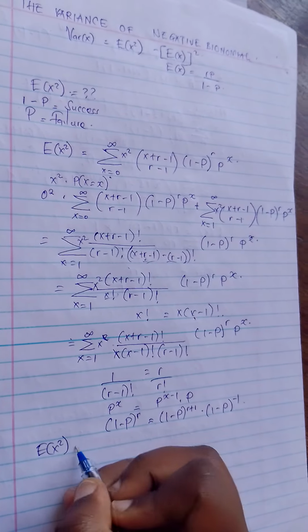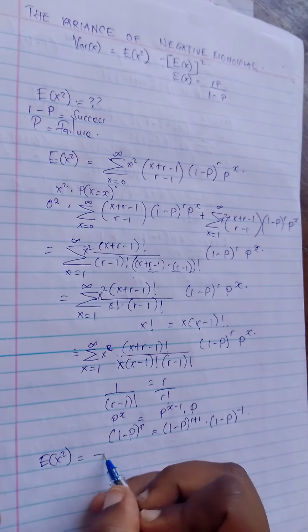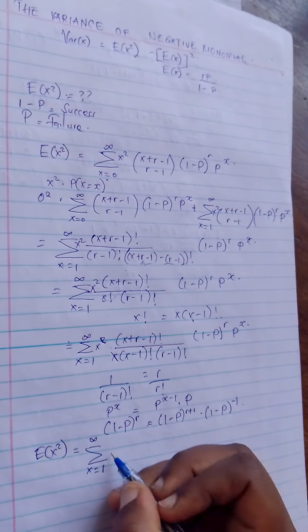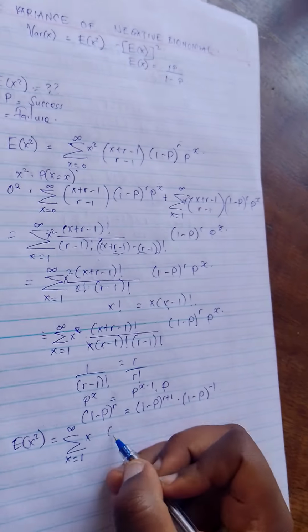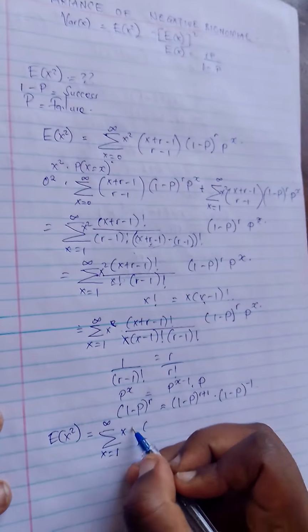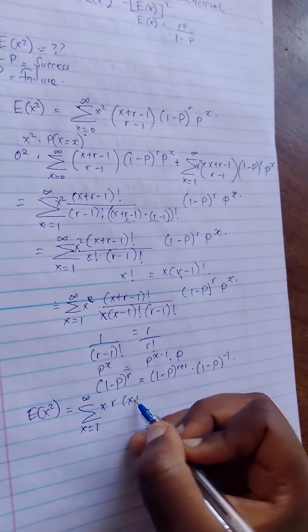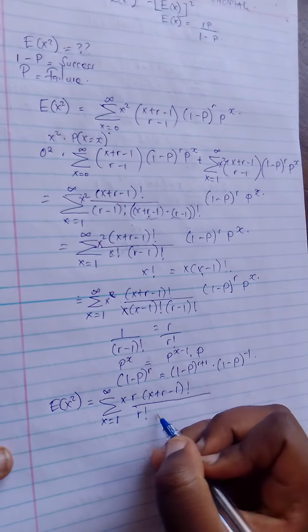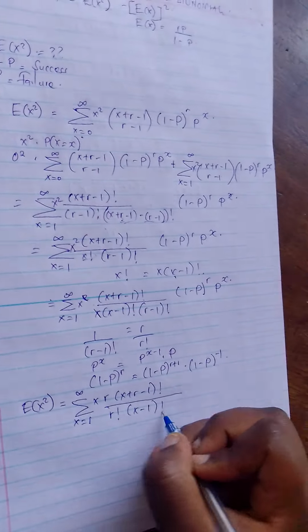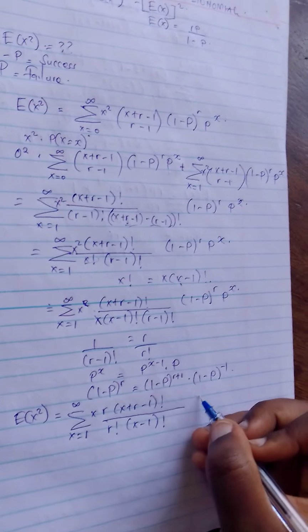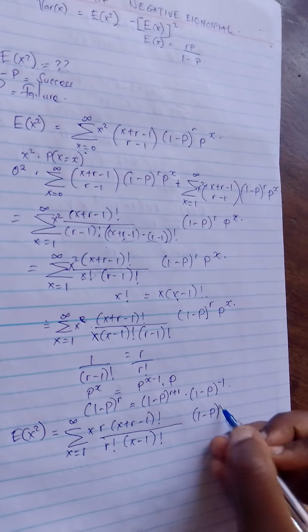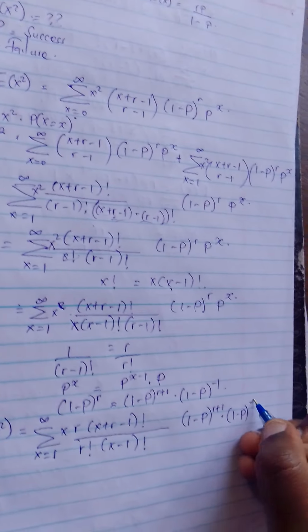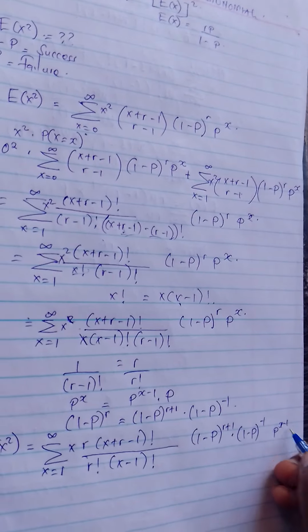So the expectation of x squared will become the sum from x equal to 1 of x r (x + r - 1)! over r! (x - 1)!, times (1 - p)^(r + 1), (1 - p)^(-1), p^(x - 1), p.